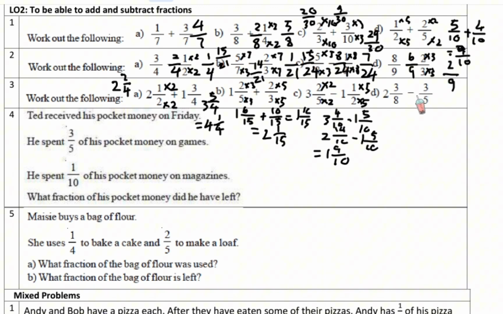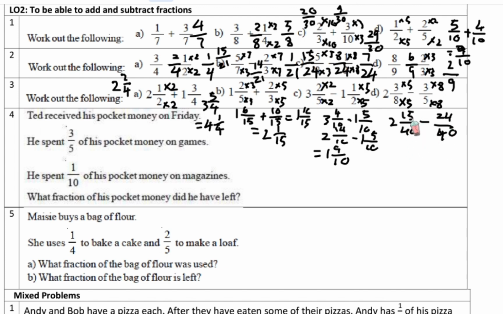And for D, we would take 8 multiplied by 5 and this multiplied by 8. So we will get 2 and 15 over 40 minus 24 over 40.